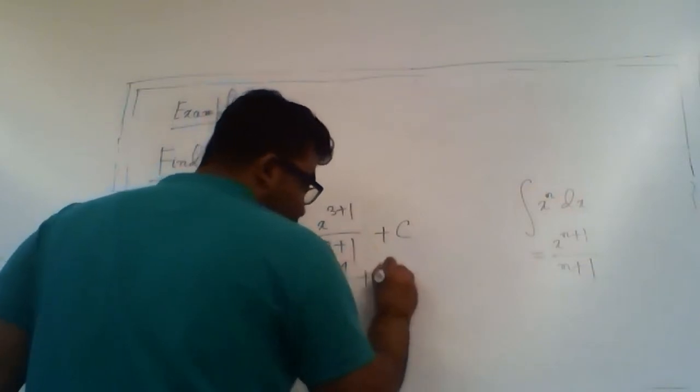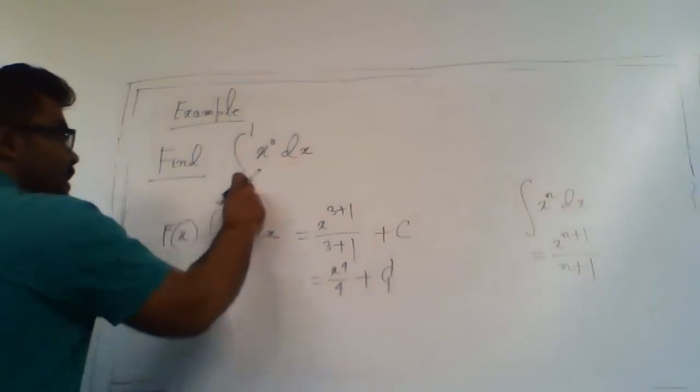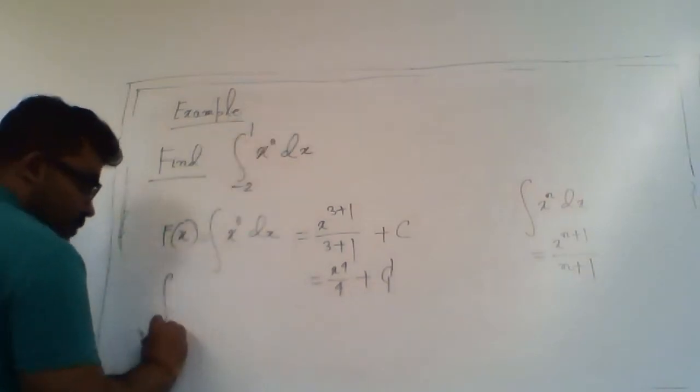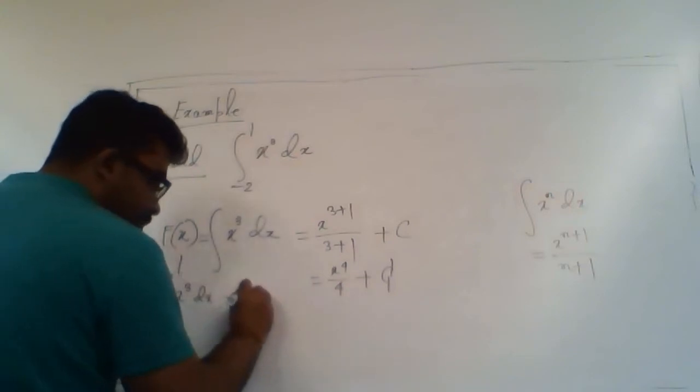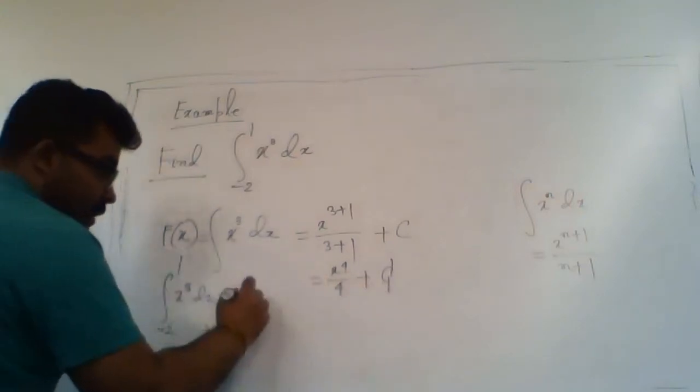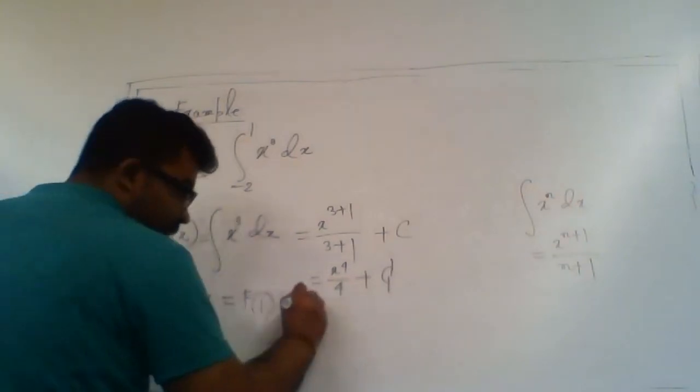The first thing will be to do this. Then the evaluation theorem says that the integral from minus 2 to 1 of x cube dx is simply the value of this function at 1, that is F(1), minus the value of this function at minus 2.